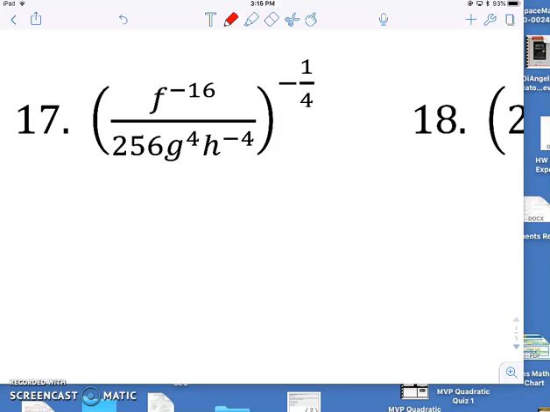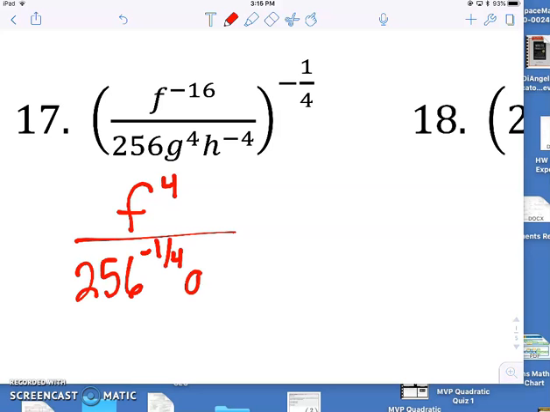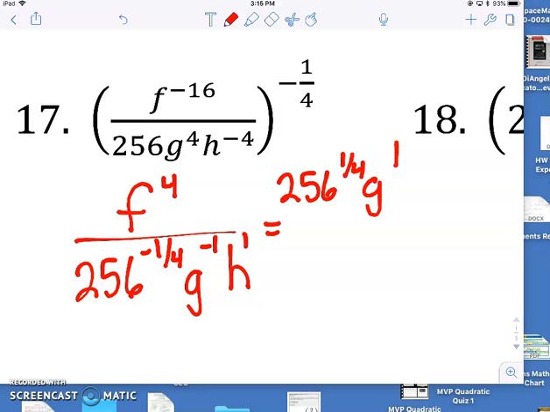If we distribute the negative 1/4, that'd be f to the 4th, 256 to the negative 1/4, g to the negative 1, h to the 1. Let's see, we flip our negatives. So we'd have 256 to the 1/4, g to the 1st, f to the 4th stays on top, divided by h to the 1st.